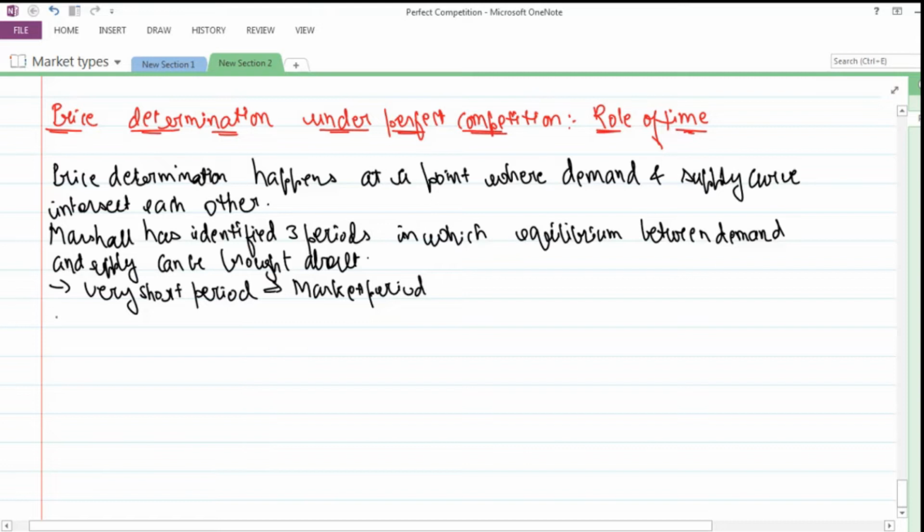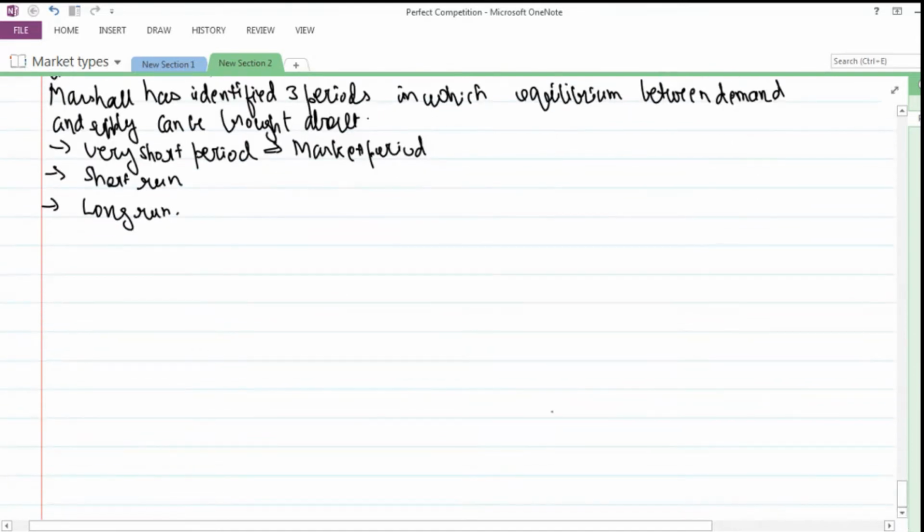The second one is short run, and the third one is long run. Now we will be seeing each of these one by one, as to how the price is determined under each of these different time periods.